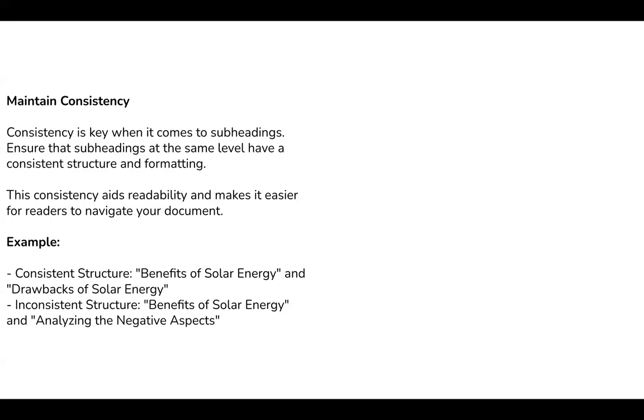Once you've talked about the benefits, the sensible thing to do is to use proper word and structure: just drawbacks of solar energy. You understand that we're talking about the drawbacks. Such consistency aids readability and helps your readers to properly navigate your document.